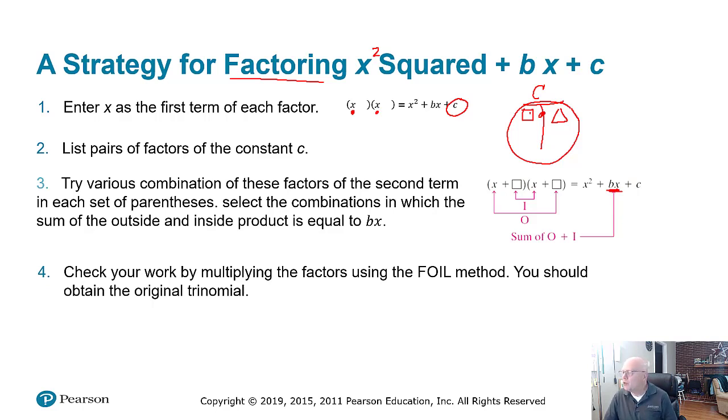And then when you think you've got these two binomials together, you think they're right, multiply them out to make sure you get the original trinomial. If you do that, then this part was correct.